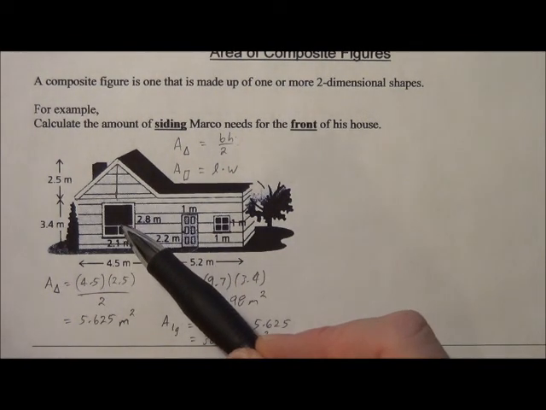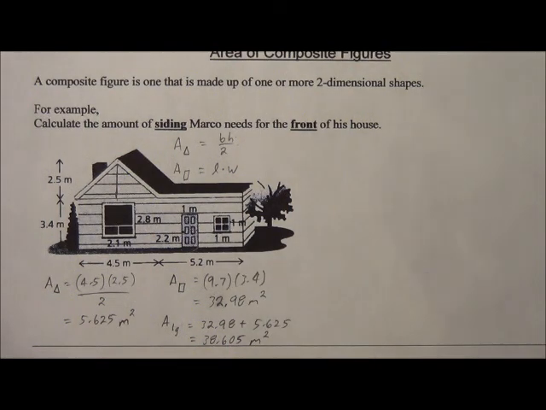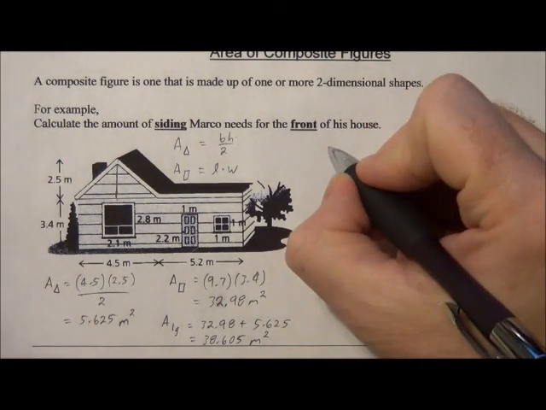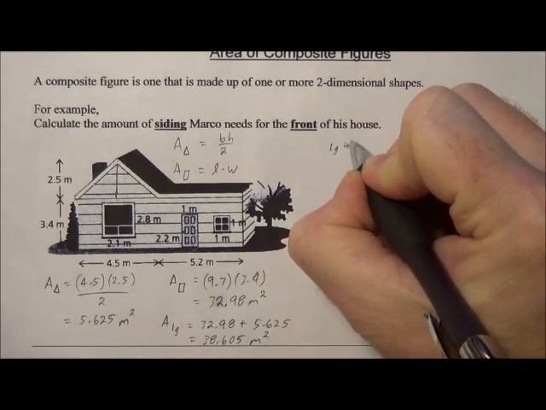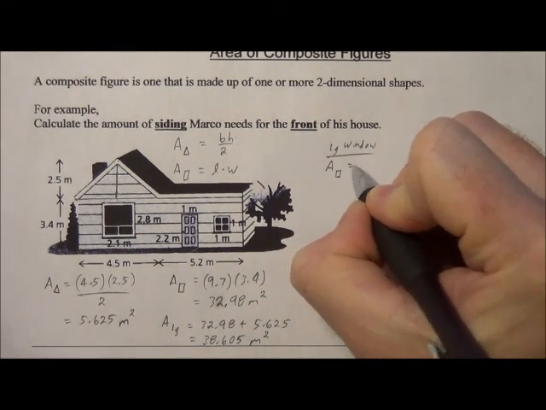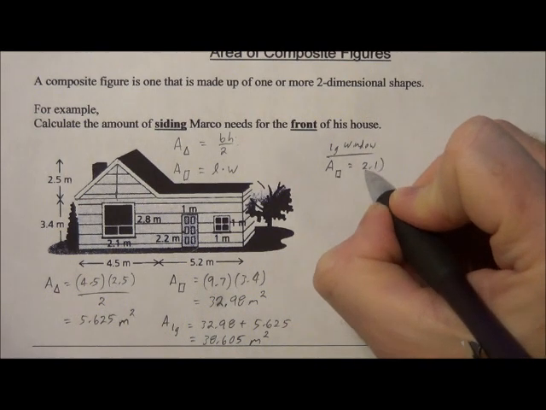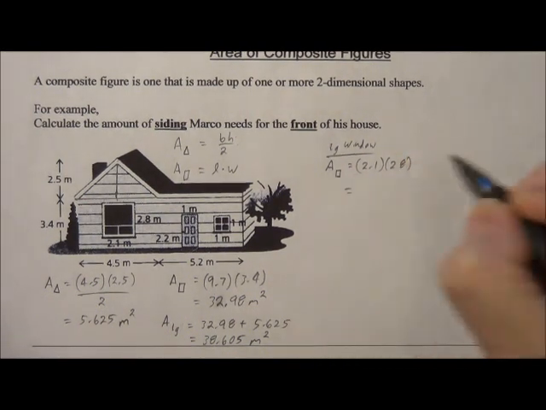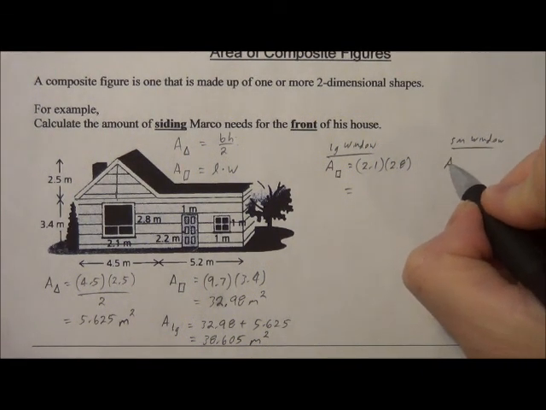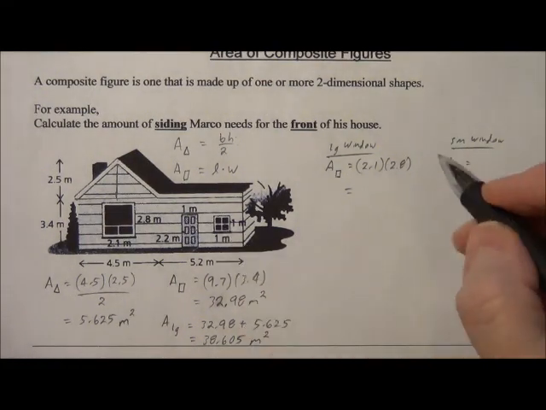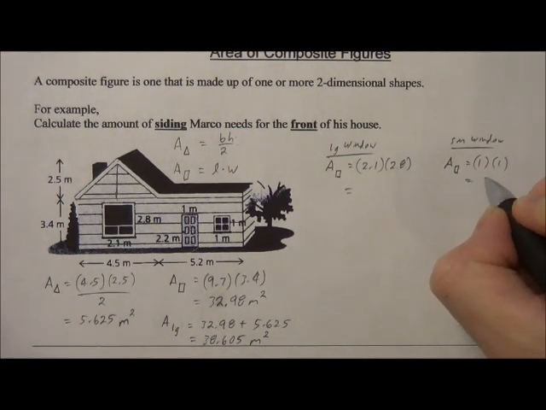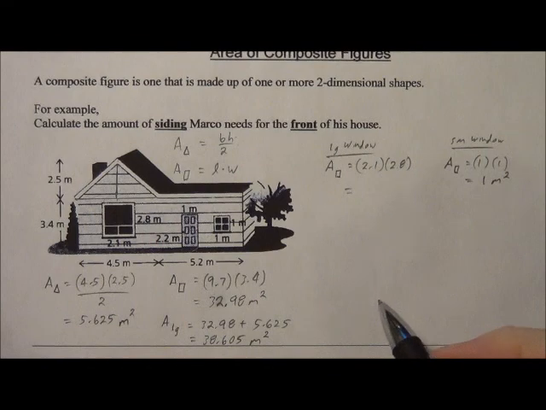But of course we're not going to be doing siding on the large window, the small window, or the door, so we have to remove those from the siding calculation. So let's say the large window, so the area, of course that's a rectangle again, so I'm going to have 2.1 times 2.8. Then the small window is 1 by 1, not that I really have to show that, and I can actually do that in my head, surprisingly enough.